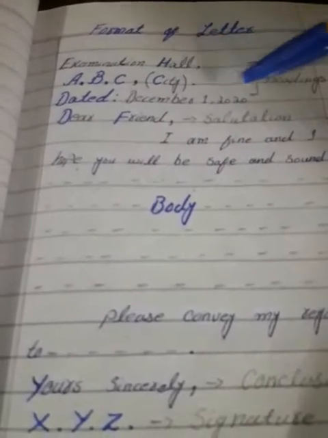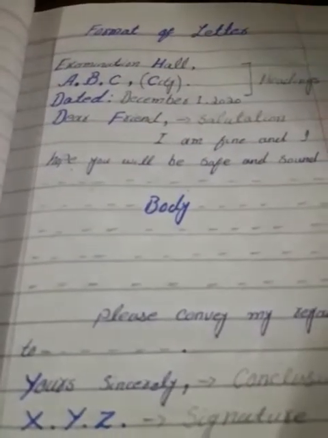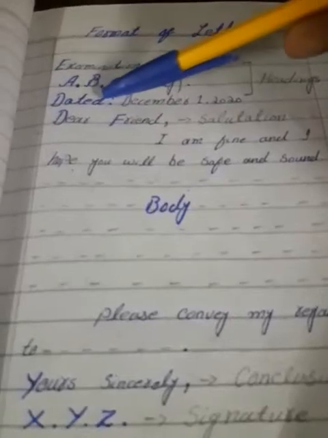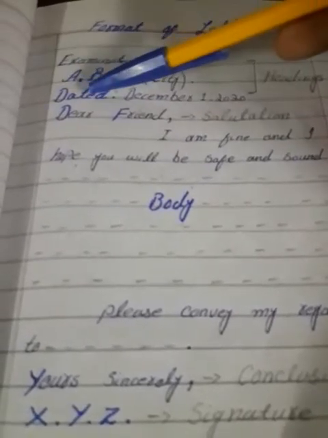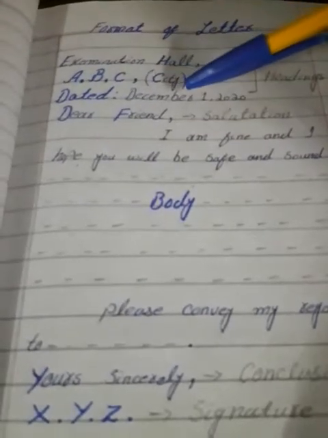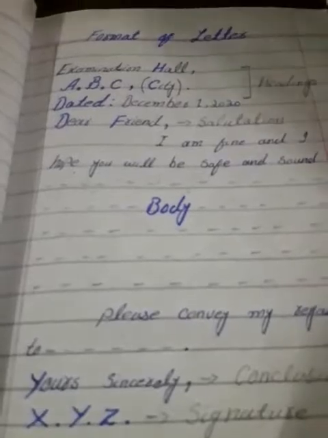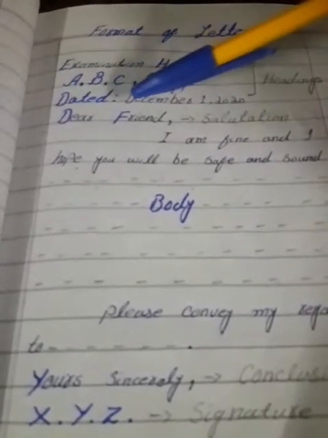These 2 lines come under the headings. Then you have to write date. For example, date should be with the marker and D should be capital. Then you have to write December 1st 2020, for example. Then you have to write Dear friend.